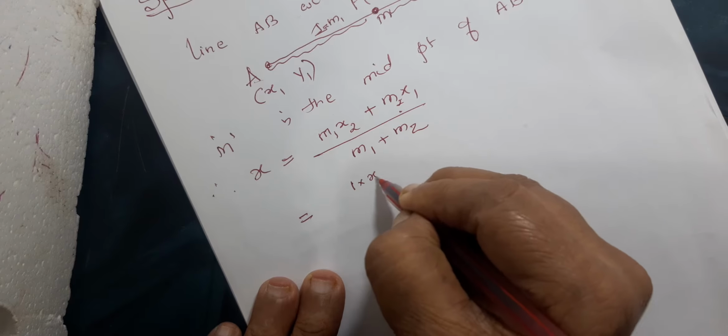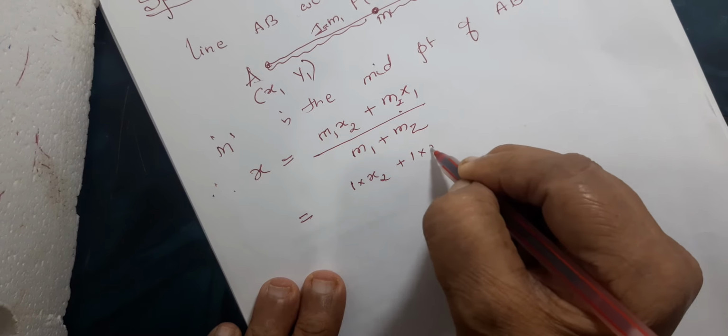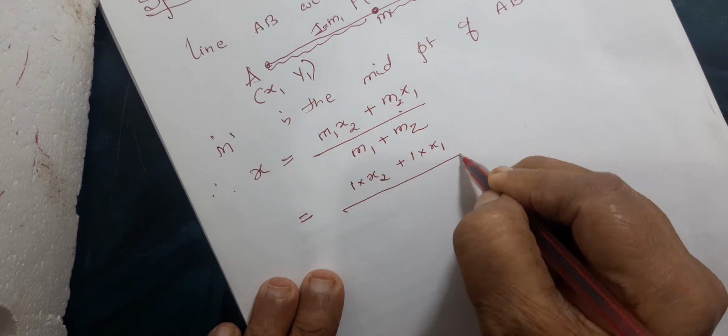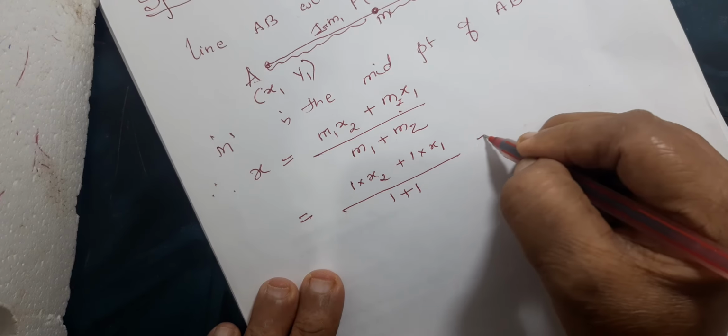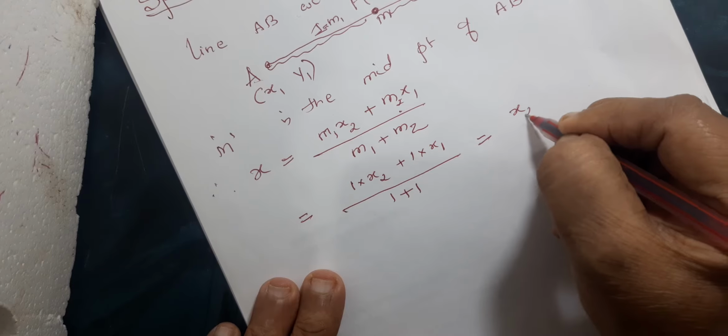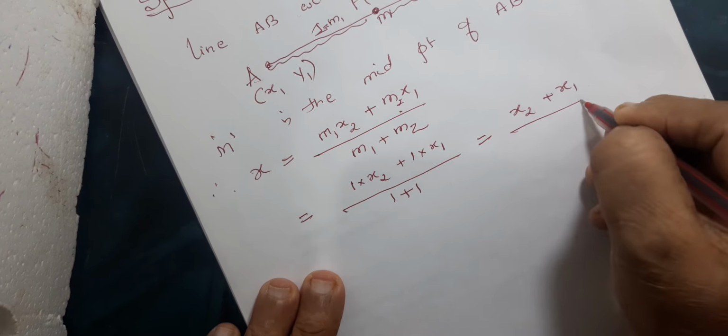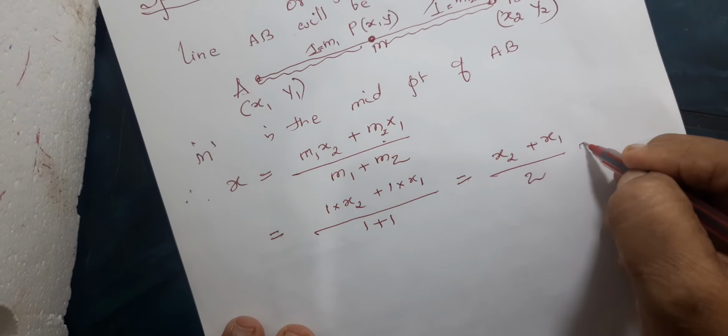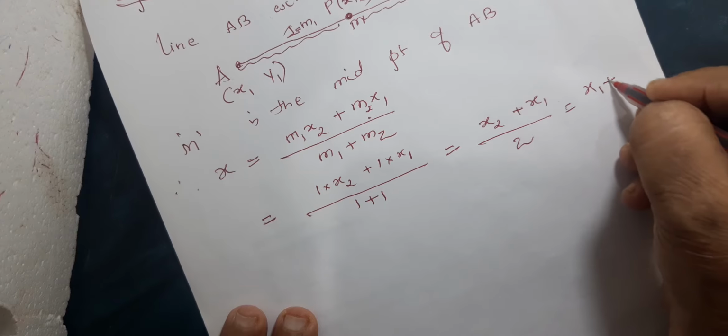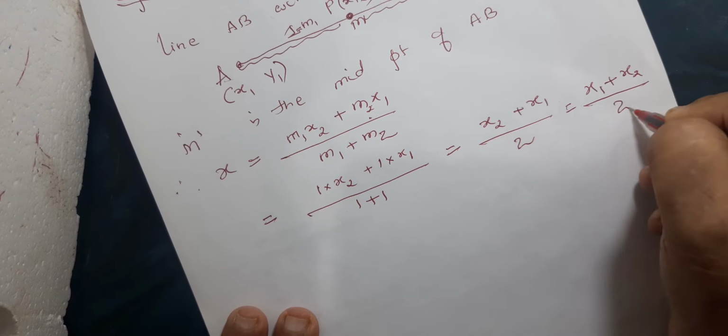So 1 into x2 plus 1 into x1 by 1 plus 1, which is x2 plus x1 by 2, or this can be written as x1 plus x2 by 2.